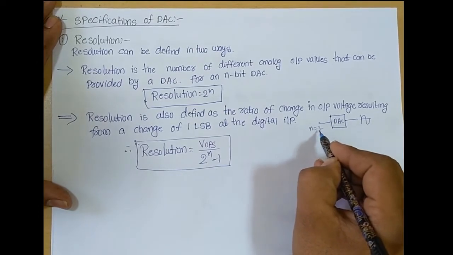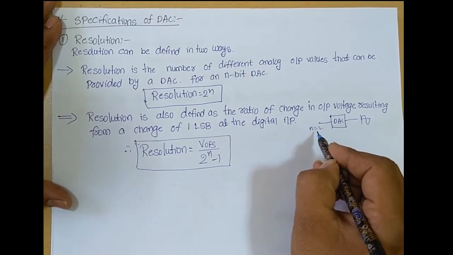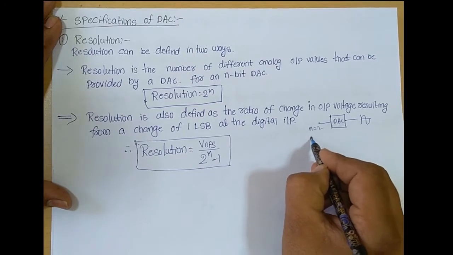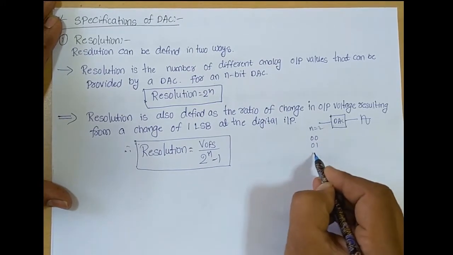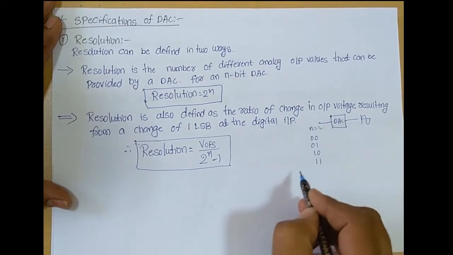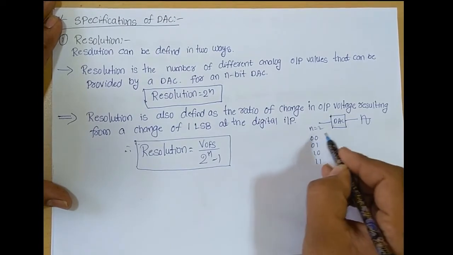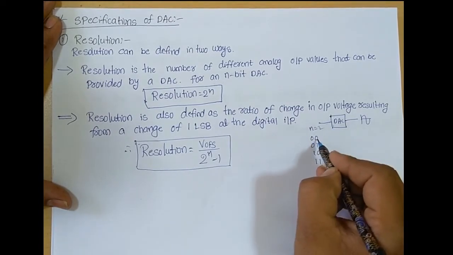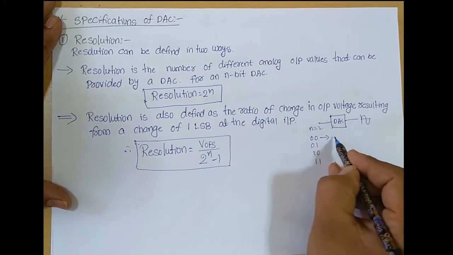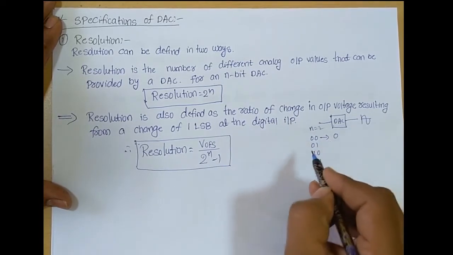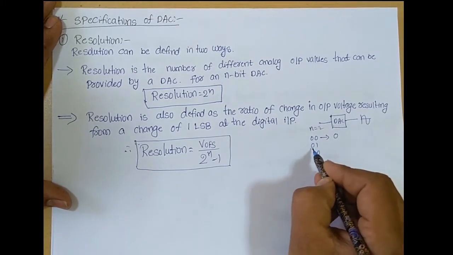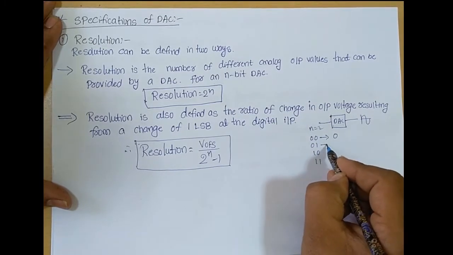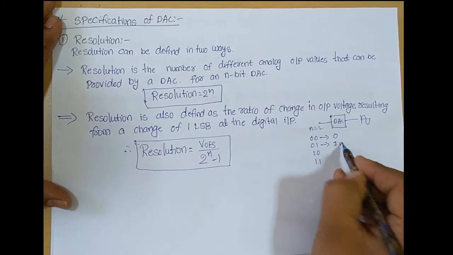With respect to these two input bits, the possible combinations are 0 0, 0 1, 1 0, 1 1. If we give the input 0 0, we get the analog output signal 0, and similarly if we give the input 0 1, the analog output is 1 volt.